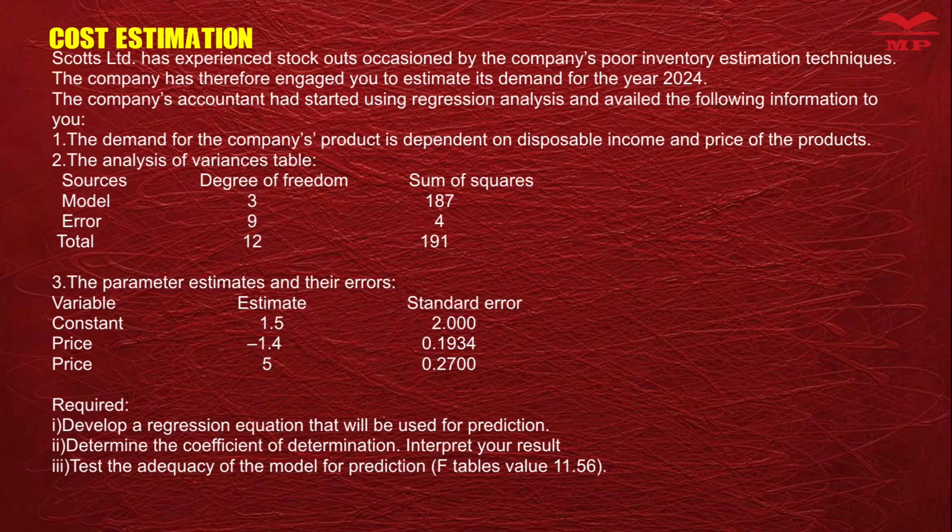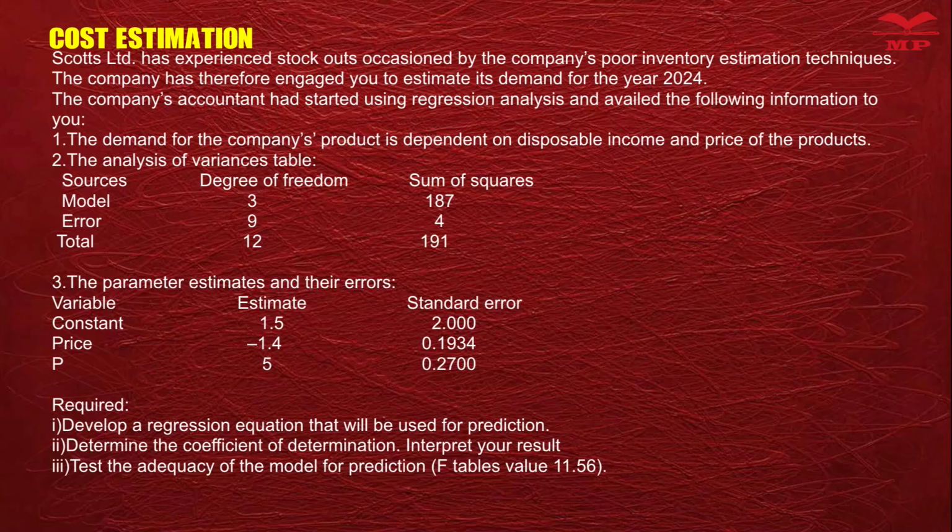Let me confirm something. This is question 2B. So we need to change candidates. There was an error there. You can see, not in number 3. Number 3, I was to confirm that because of the repetition. That last price there is income, not price.